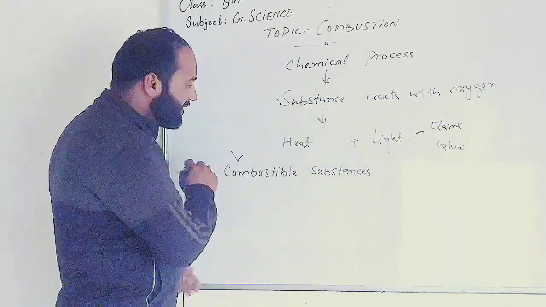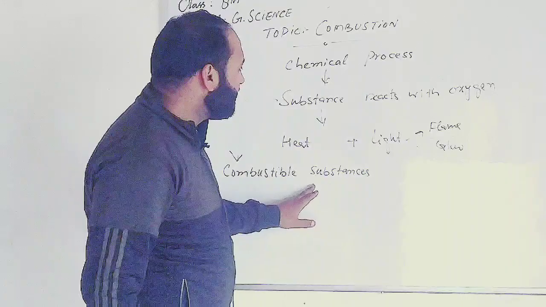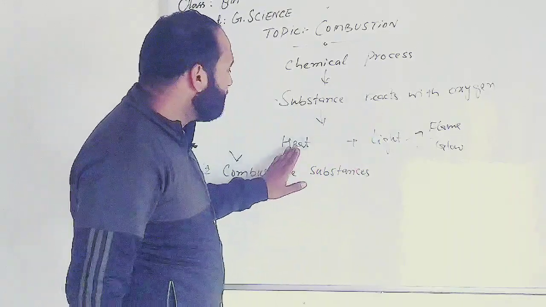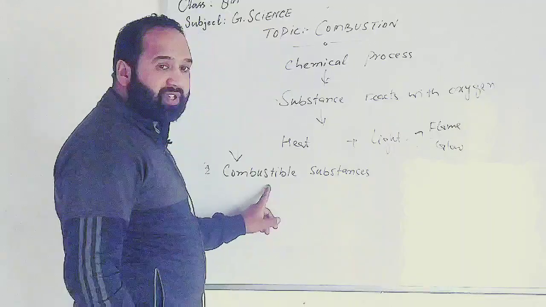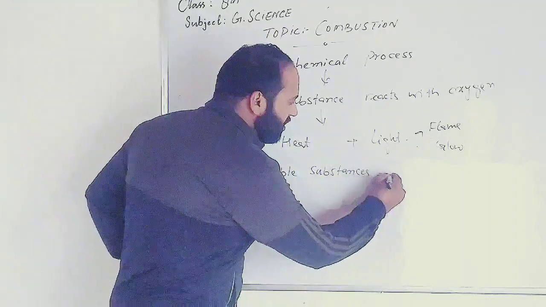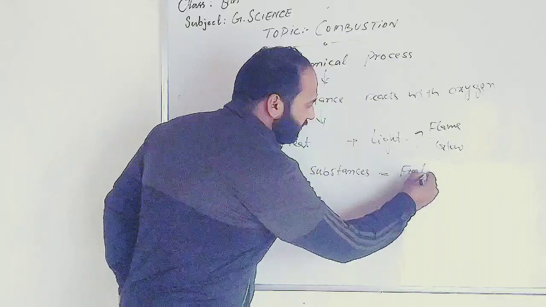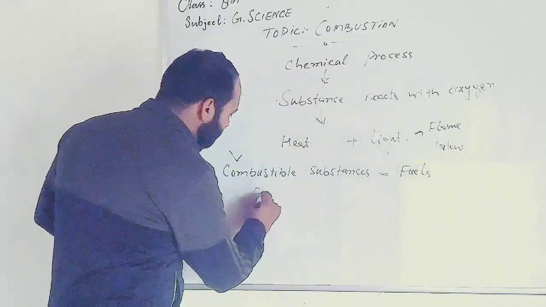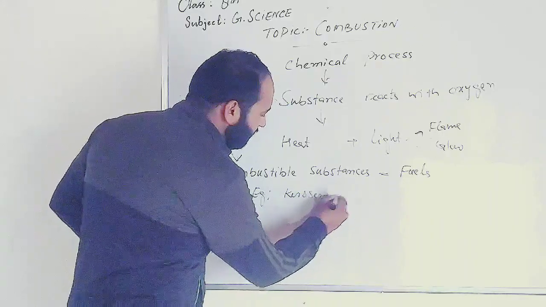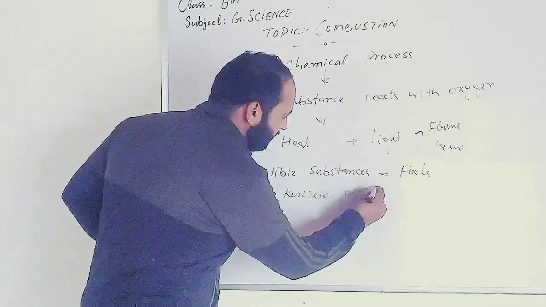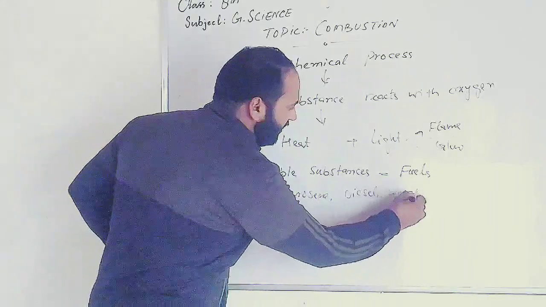So combustible substances are those substances that react with oxygen to produce heat and light. These combustible substances are also called fuels. For example, we have kerosene, diesel, wood, etc.